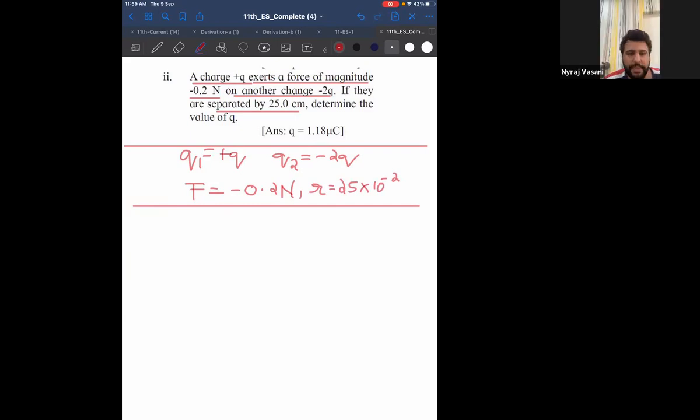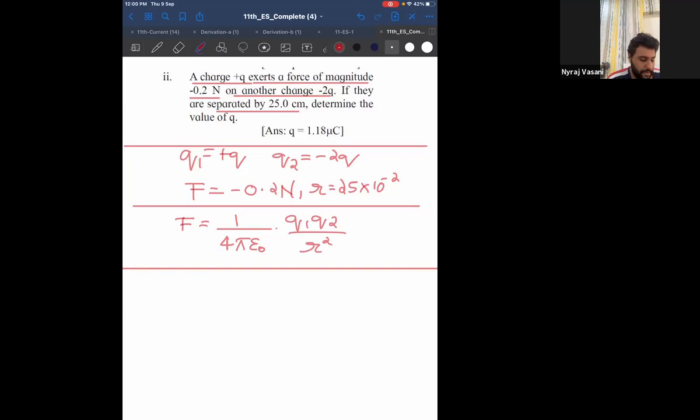So I will start with Coulomb's law. What is Coulomb's law? F is equal to 1 by 4 pi epsilon naught into Q1 into Q2 upon R square. What is the value of F that is given?